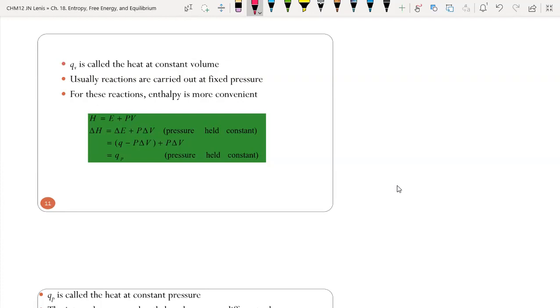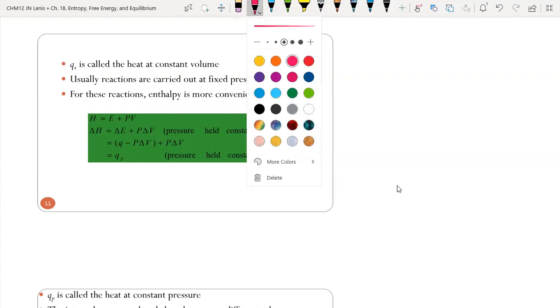And that is what we call enthalpy. The enthalpy of the reaction is the heat measured at constant pressure, and that is done in a coffee cup calorimeter.